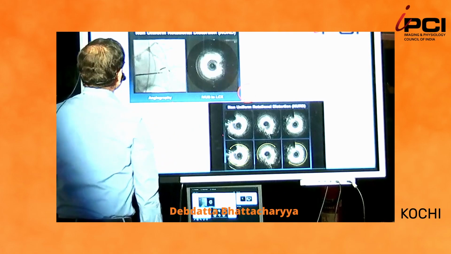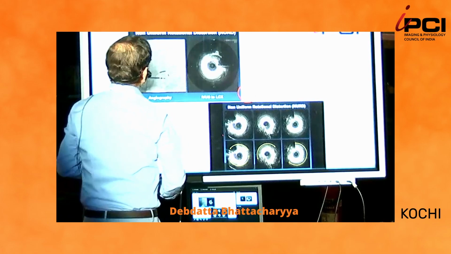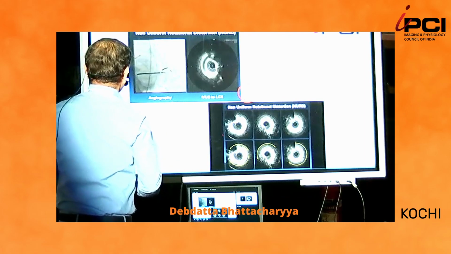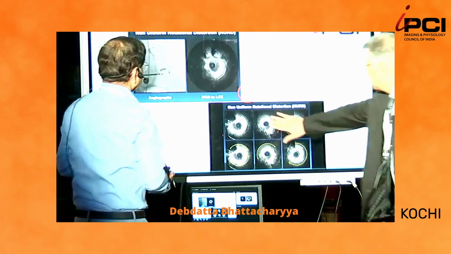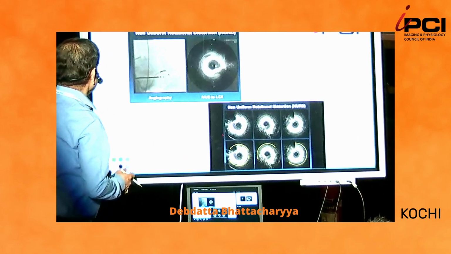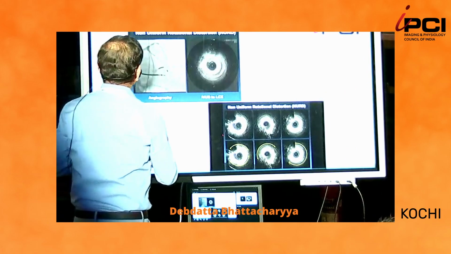Now this is non-uniform rotational deformity, and this again occurs in catheters that rotate. So you have to have a catheter that rotates to have this deformity.